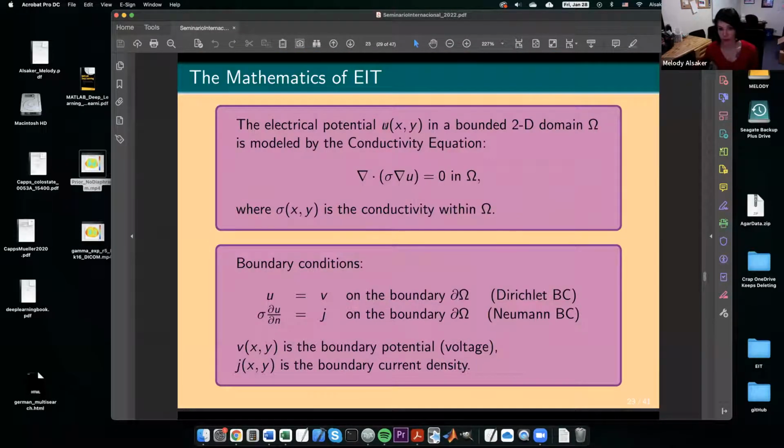The electrical potential here is given by the variable U, and we are in a 2D bounded domain, omega. The sigma here in the equation is the conductivity that we would like to reconstruct. For those of you who have some PDE background, you might recognize this as a generalized Laplace equation. It's an elliptic PDE.